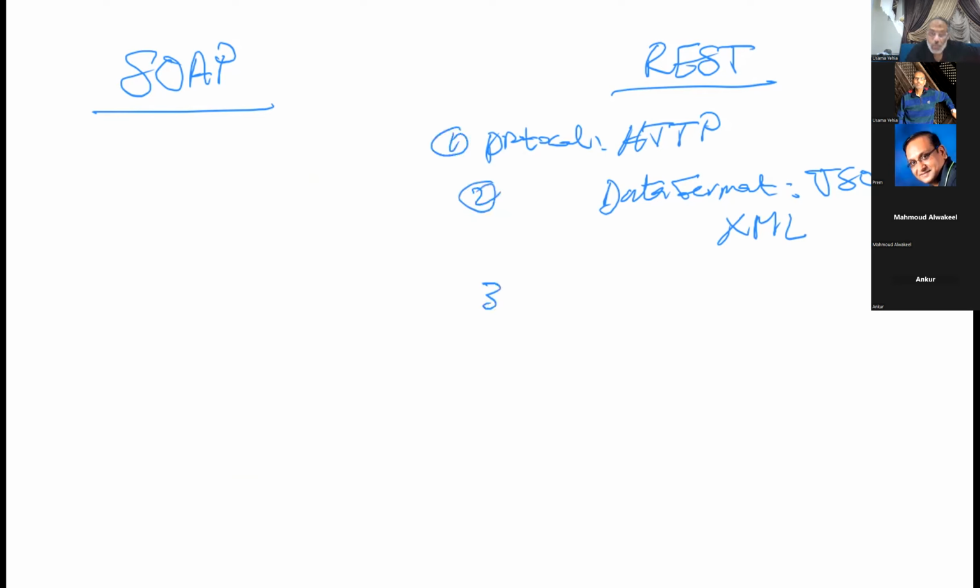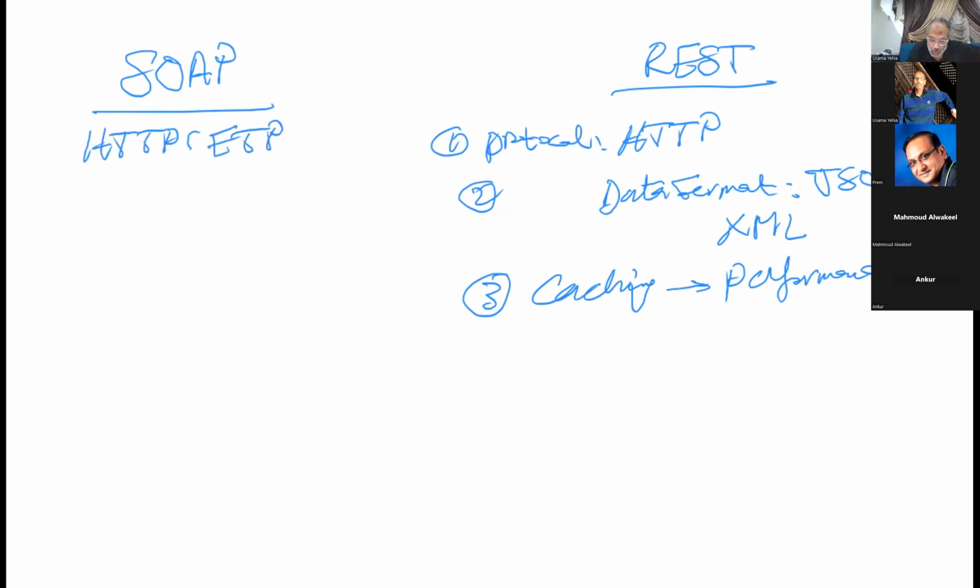Number three is a very important point. You have to know it very well: REST supports caching, and this improves the performance. It will cache the data, and of course caching increases the performance. What about SOAP? SOAP utilizes HTTP and FTP, not HTTP only as in REST.